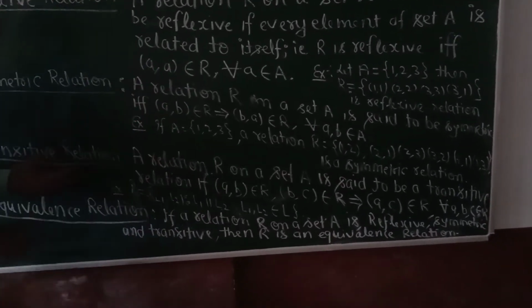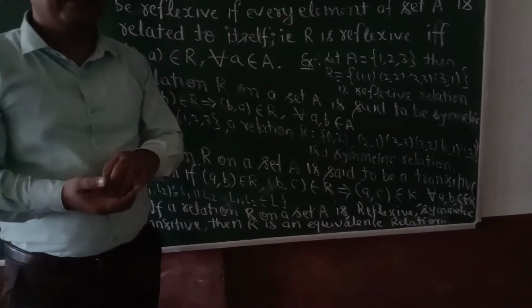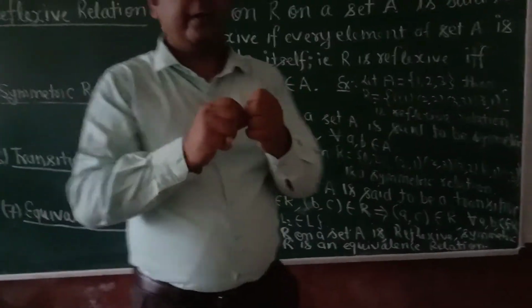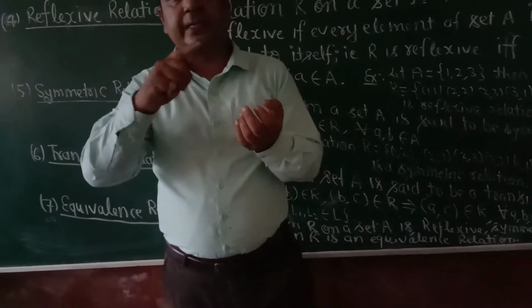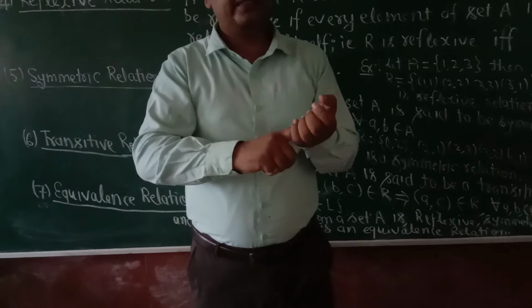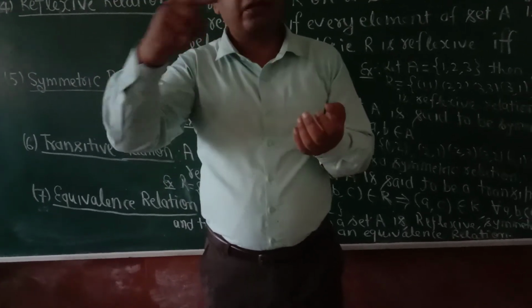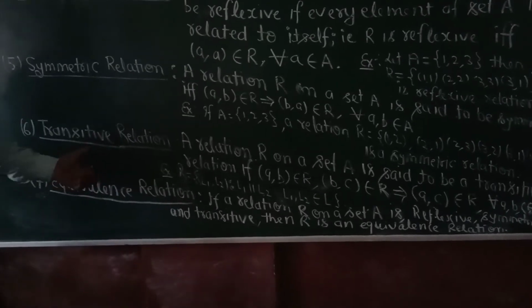And in case of transitive relation, you have to take three elements a, b, c. So suppose three lines are there, the first line is parallel to the second line, and the second is parallel to the third line, then definitely the first line is parallel to the third line. So this relation is a transitive relation.